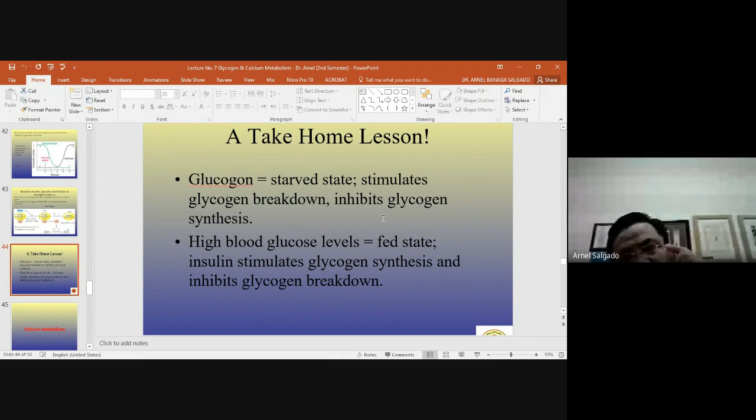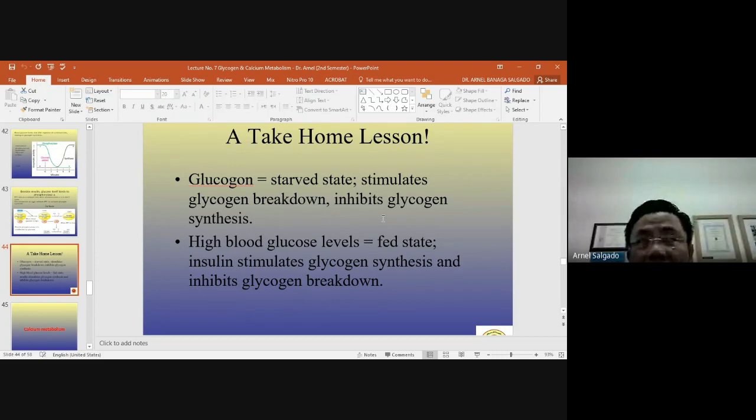If it leads to the production of needed sugar from the liver, therefore it also inhibits its function to synthesize glycogen.